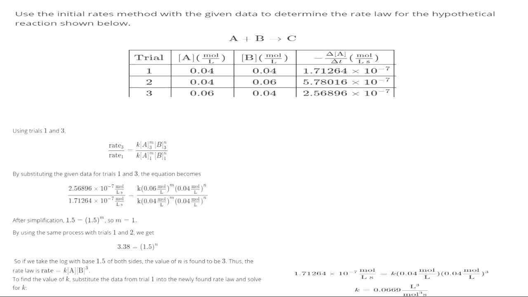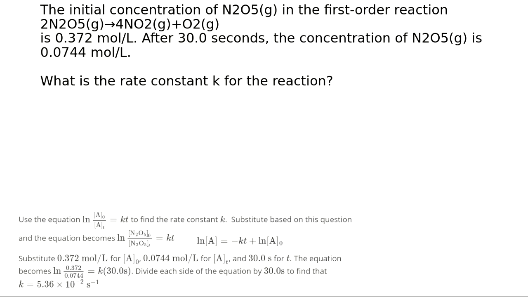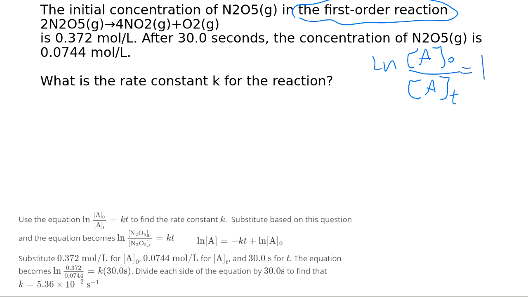This is very similar. I will only go over it if you have questions about it. And then you have the initial rate concentration for a first order reaction. What does it mean to be a first order reaction? It means that you have your rate law, ln A0 over the concentration of A at the given time equals kt.